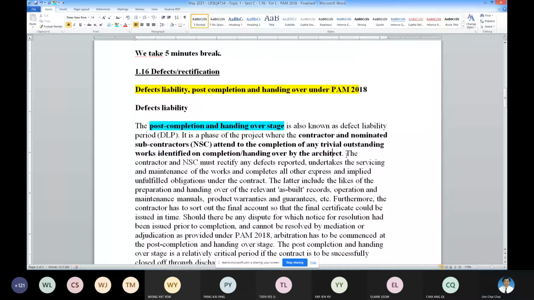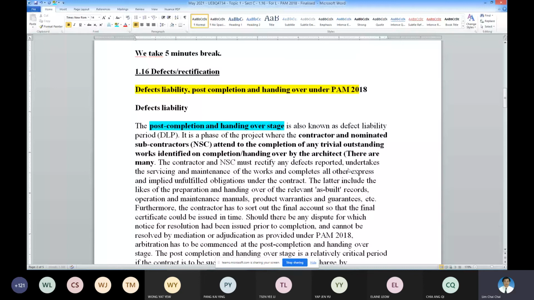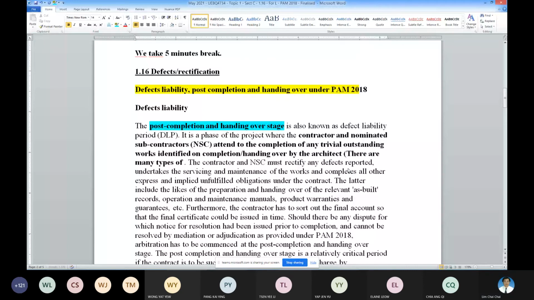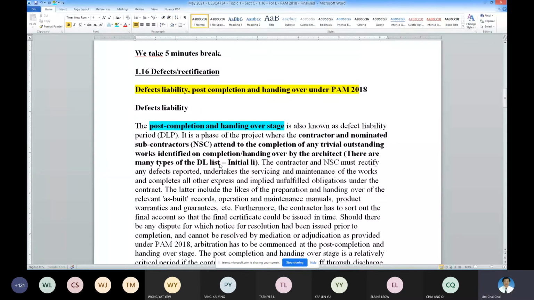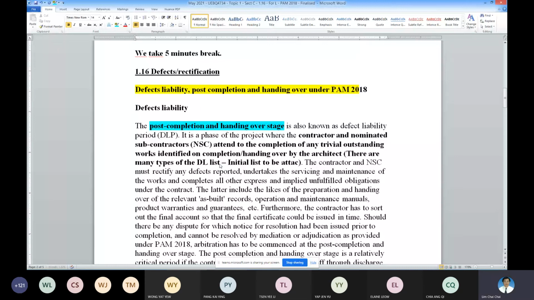There are many types of DLP lists. For example, we have the initial list, to be attached with the CPC.